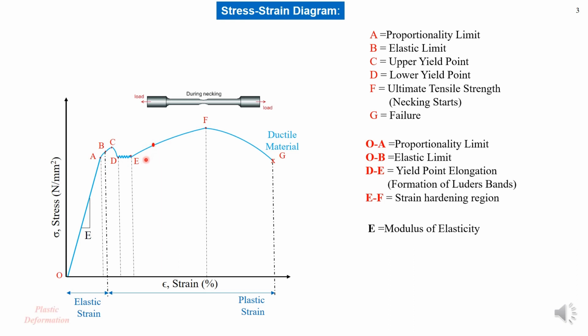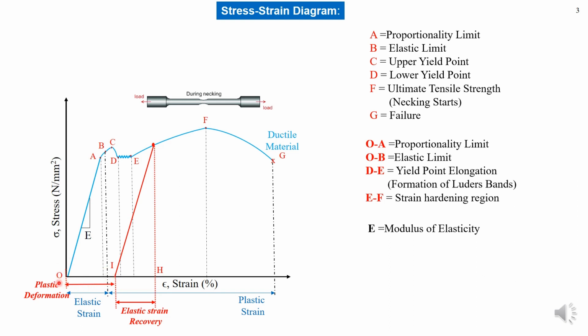If I unload this specimen from this red dot, then the unloading curve will follow this red path parallel to the proportional limit. Up to this point the total strain was OH, but when you unloaded it, the strain which you can observe is only up to OI.